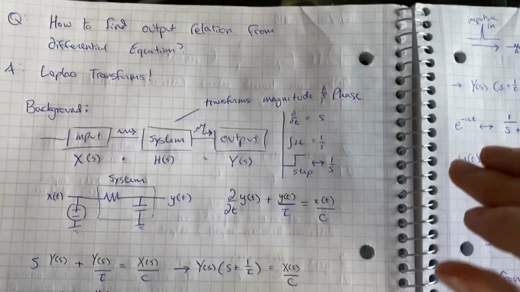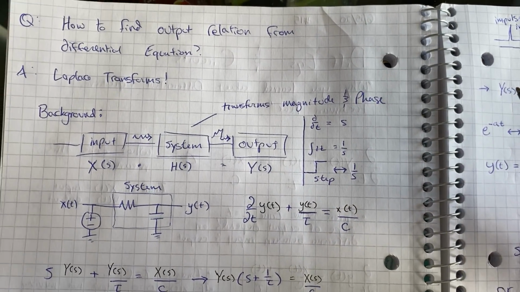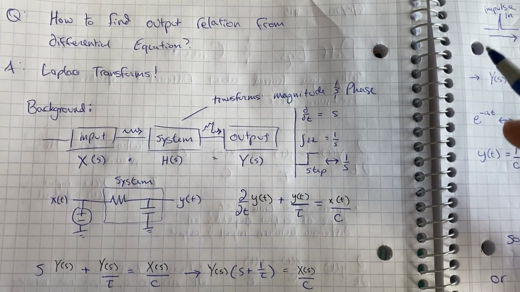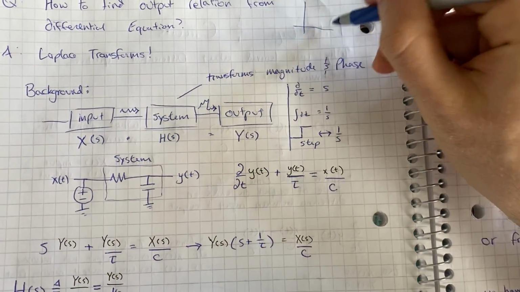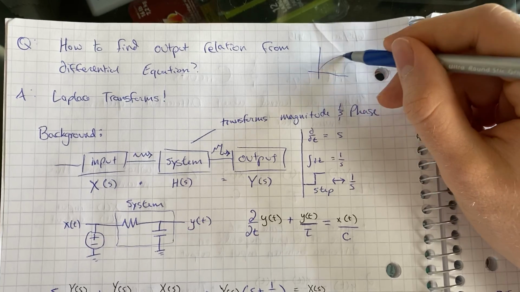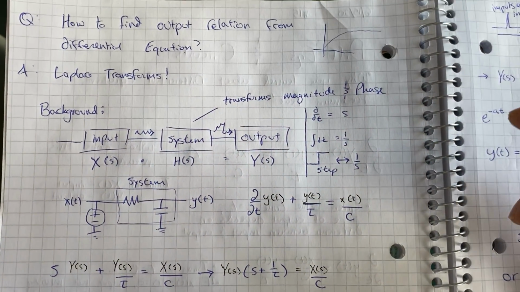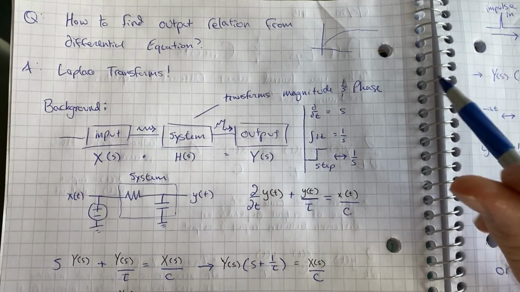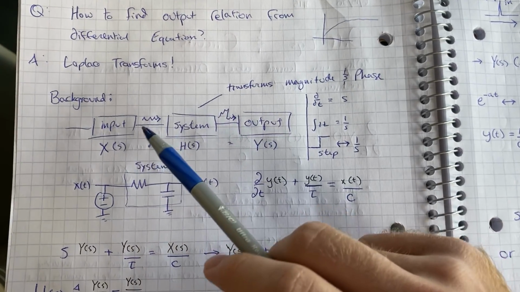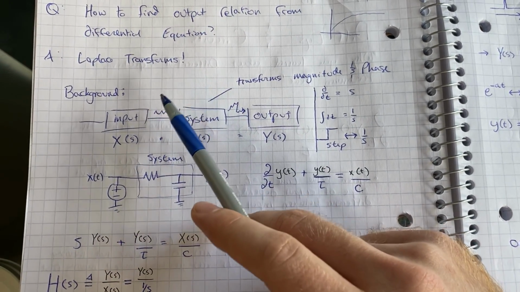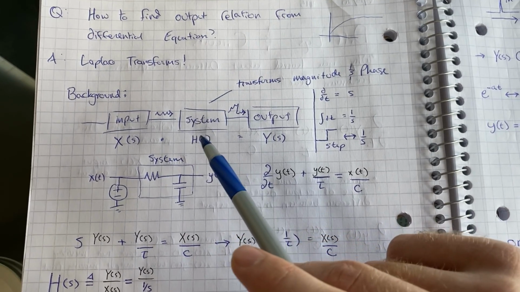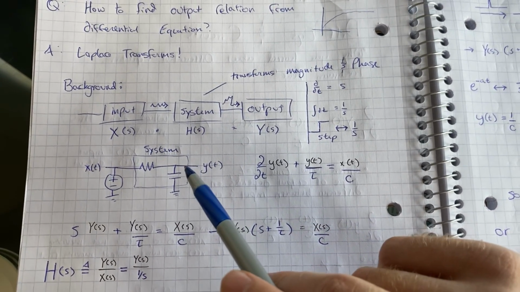So that's cool, but how do we find the output relation in time exactly from the differential equation? We know that it slopes up and is single pole if you look at my last videos, but to be particularly mathy, we can just do the Laplace transform and then the inverse Laplace to get the time domain representation.